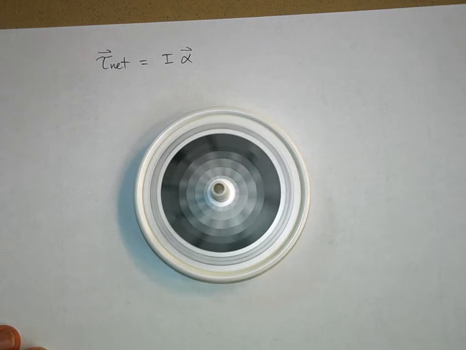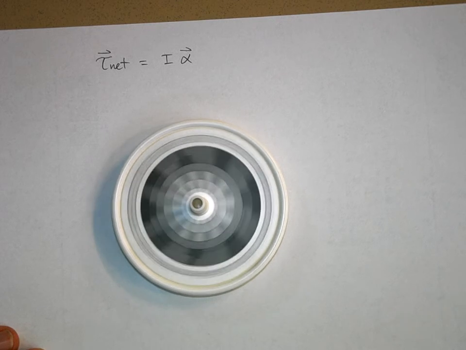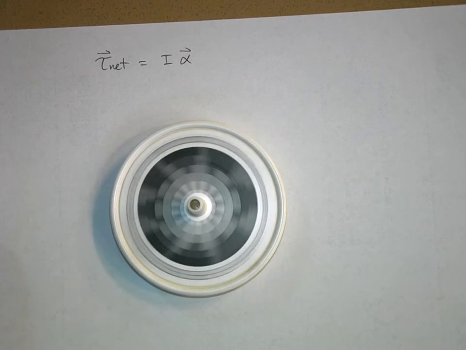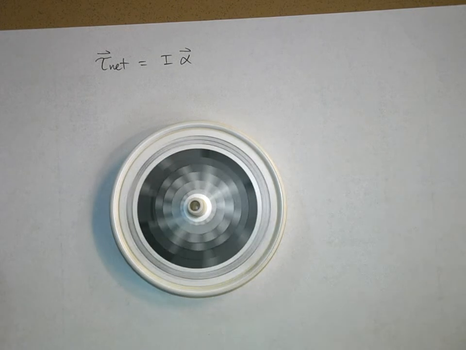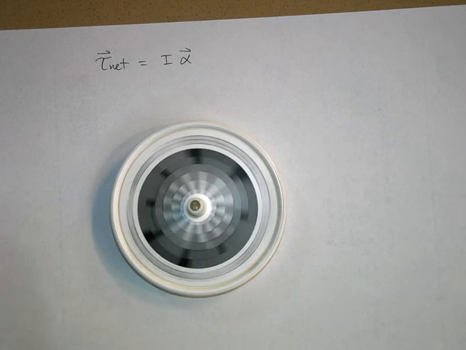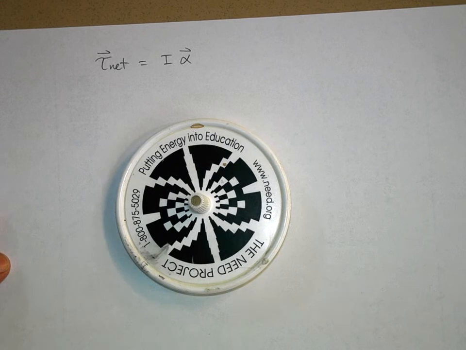We know that this thing's going to come to a stop because there are other little torques acting on it. There's a little bit of air friction, it's rubbing the paper where it meets. But this thing spins for a long time, so if I want, I can apply a little torque and make it stop. So torques are what change the way things spin.